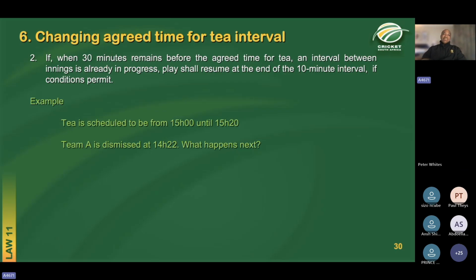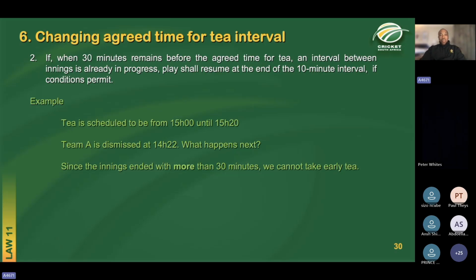That is 38 minutes before the scheduled tea break. What happens next? Because the innings ended more than 30 minutes before the scheduled tea time, we cannot take an early tea. So we need to take our 10-minute change of innings.